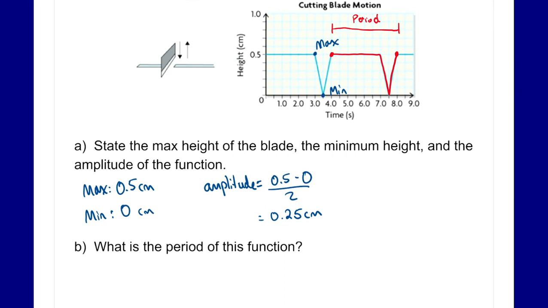If we take a look at the x values, that goes from 4 to 8. So the period is equal to 8 minus 4, which equals 4 seconds. So it takes 4 seconds to repeat the cycle of cutting the plastic and then coming back up.